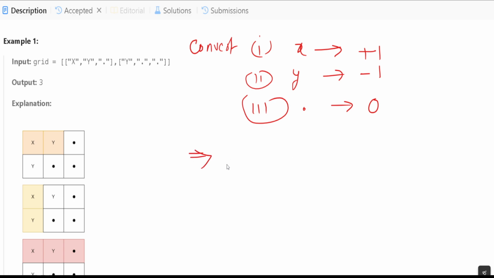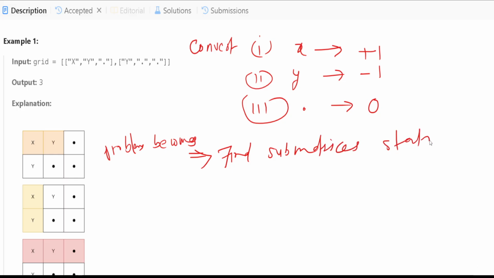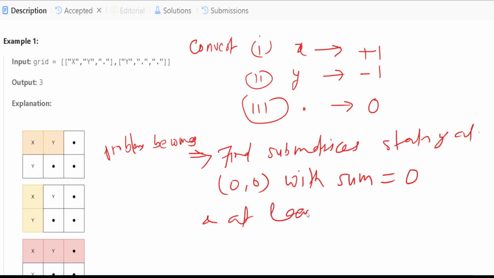What does the problem become? Now it says: find submatrices starting at 0 0, the only condition left, with sum equal to 0 and at least one +1.